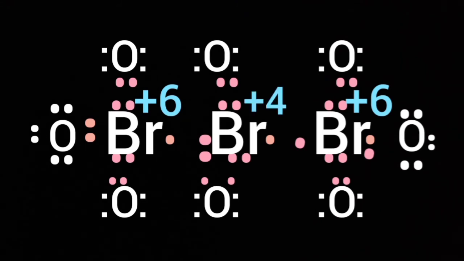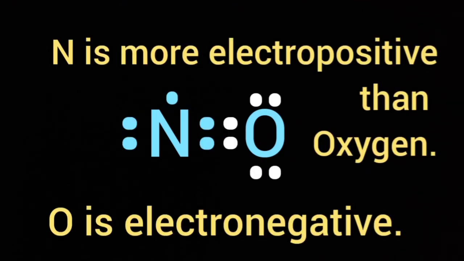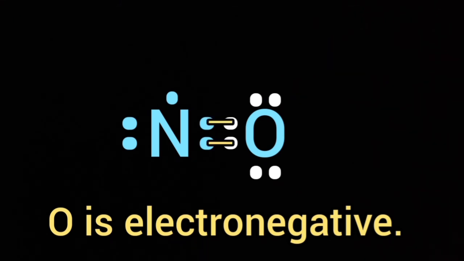You see, in NO, N has 5 valence electrons, oxygen has 6 valence electrons, N is electropositive, oxygen is electronegative. But the number of bonds between 2 dissimilar atoms is 2, or you can say a double bond is established between nitrogen and oxygen.